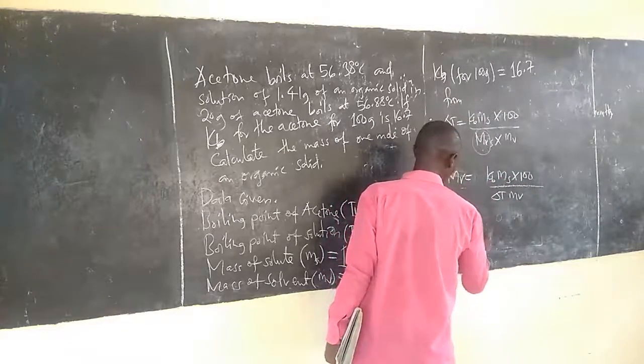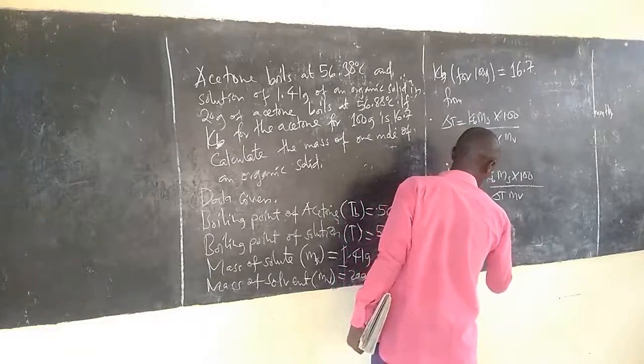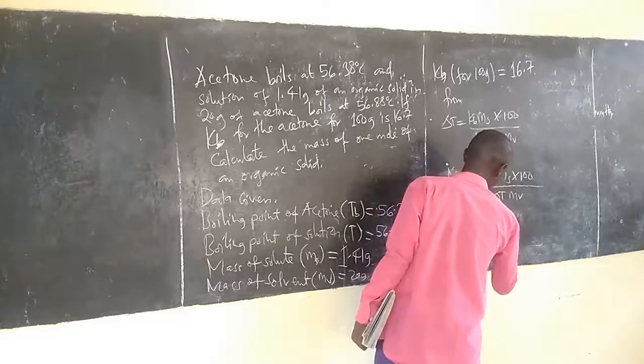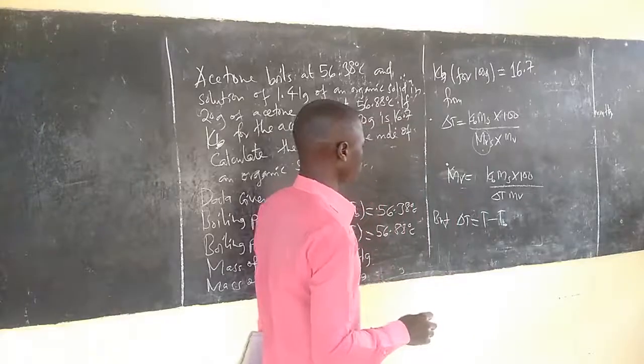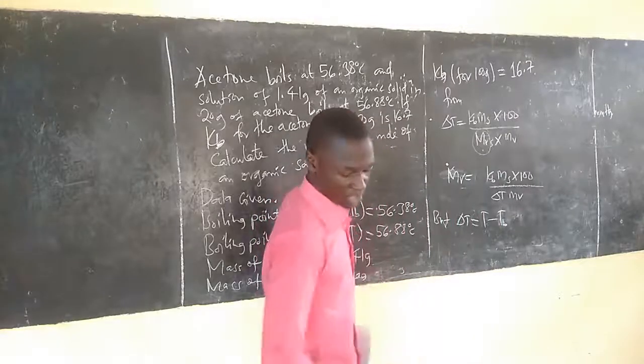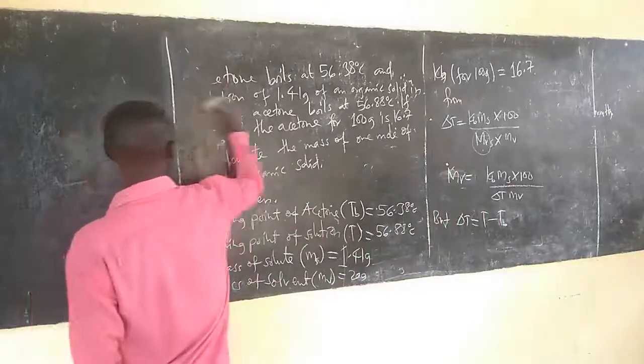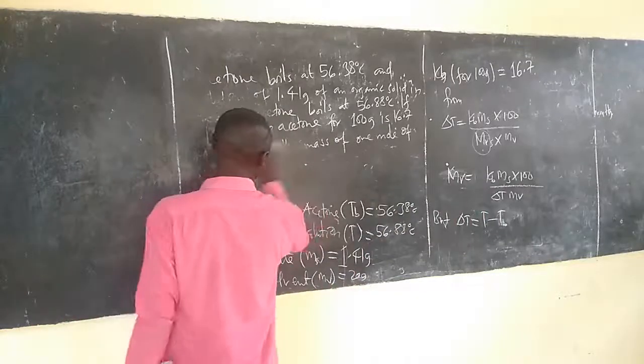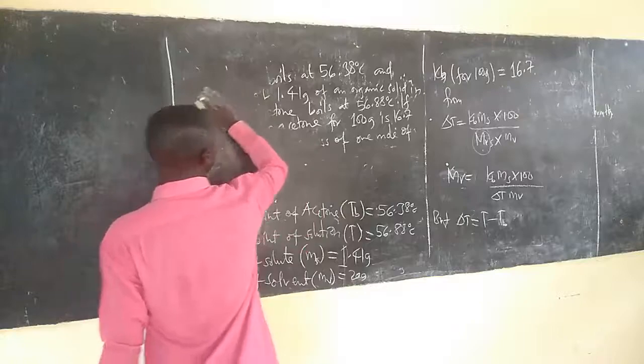But change in T is equal to boiling point of solution minus boiling point of the pure liquid Tb. So in our case, we can just go directly solve the final answer for the question.